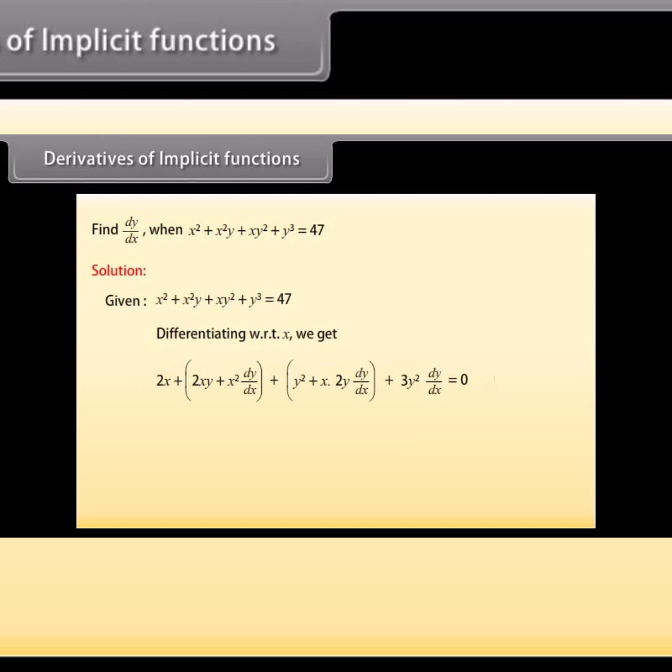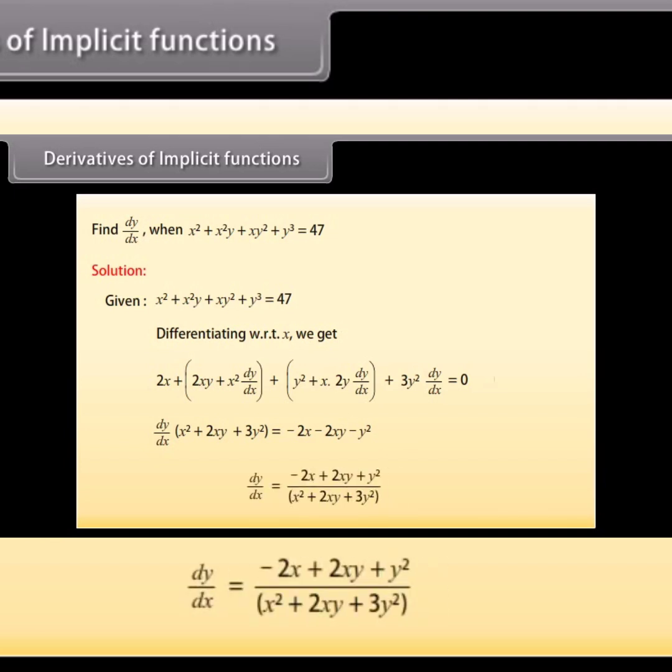Transfer the terms without dy/dx to the right-hand side and take dy/dx common from the left-hand side. We get dy/dx into (x square plus 2 into x into y plus 3 into y square) is equal to minus 2 into x minus 2 into x into y minus y square.